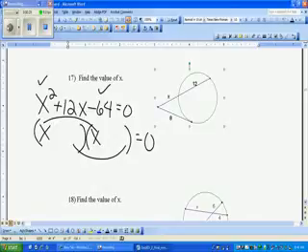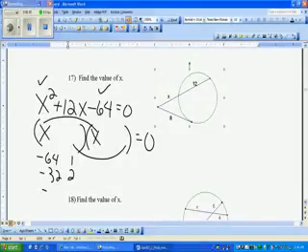That could be negative 64 and 1, negative 32 and 2, negative 8 and 8, and 16 and 4. So these are all possibilities.